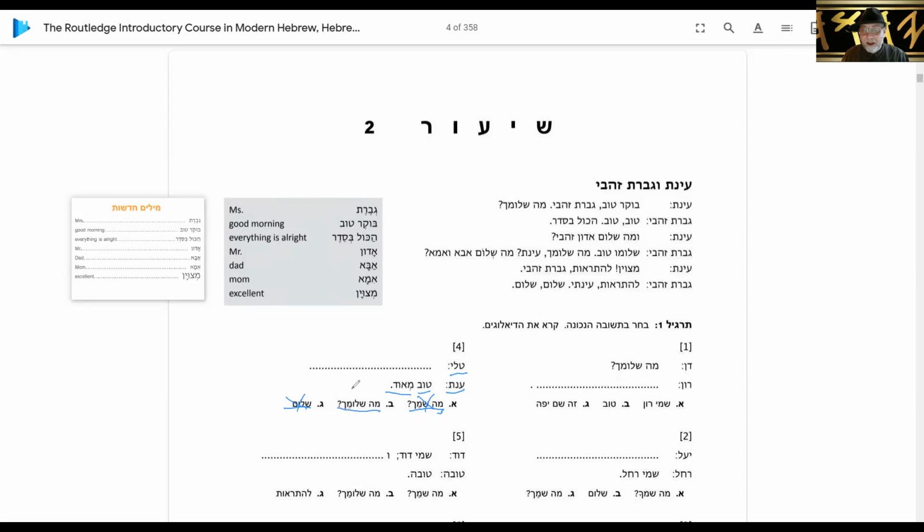Ma shlomech. What is your peace? In other words, how are you? How are you? Ma shlomech. And then the answer is Tov Me'od from Annette. And so probably this is a female because it's using Shlomech. This is a female. And it's probably even Tali is a female too. So this is where this would go. This would go up here. Okay.